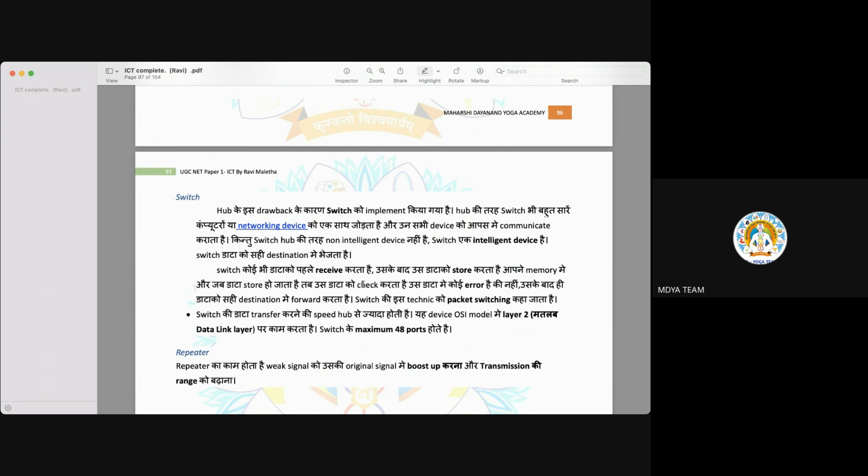And then the third one is repeater. Repeaters are again hardware devices which are used if the network is very large or a long-distance network, where the signal gets weak. What the repeater does is receive the weak signal and amplify it, boosting the strength of the original signal, and then transmit it to the other part of the network.